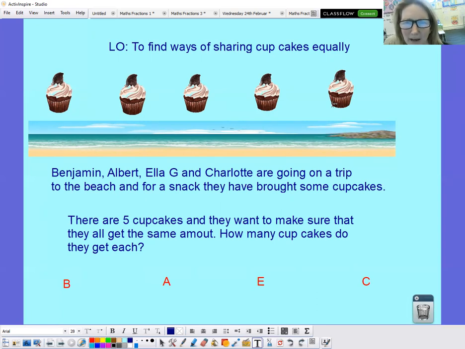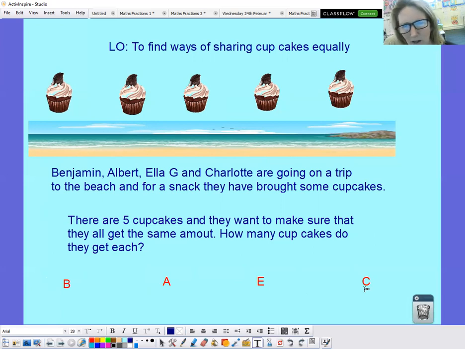It needs to be fair. So how many children have we got? We've got 1 Benjamin, 2 Albert, 3 Ella G and 4 Charlotte. So we've got 4 children, but 5 cupcakes. We're going to have to do a bit of chopping of the cupcakes, into fractions.